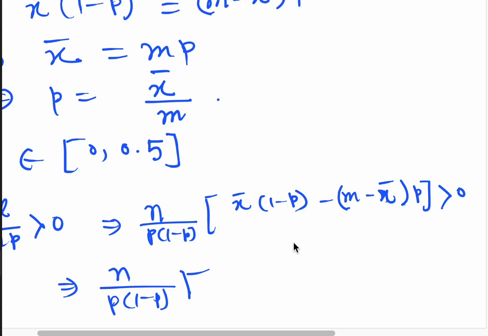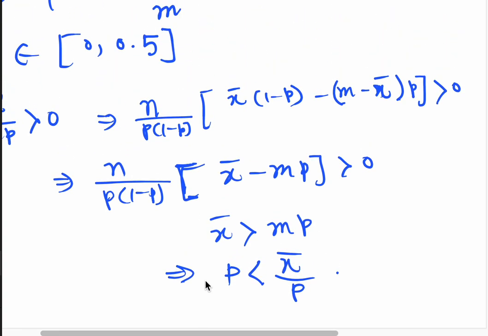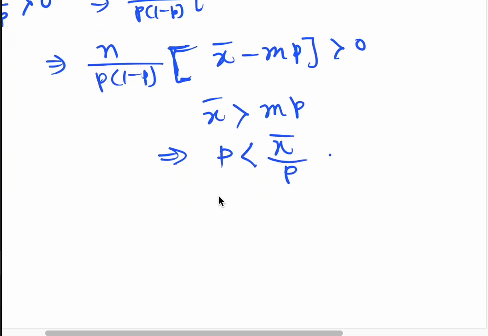So this cancels out, and this is x bar minus mp greater than 0. So when x bar is greater than mp, or when p is less than x bar by m, it is a monotonically increasing function, then it will decrease.